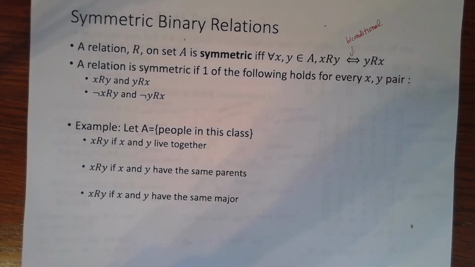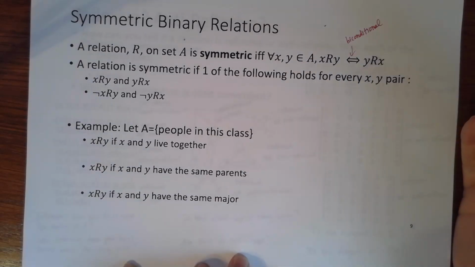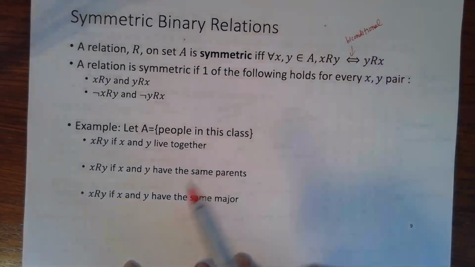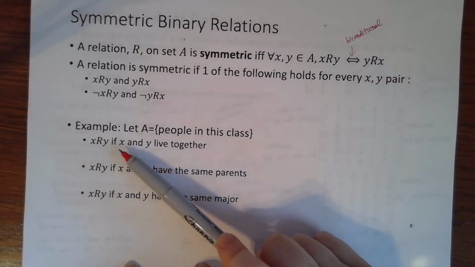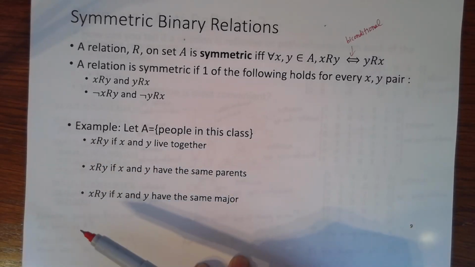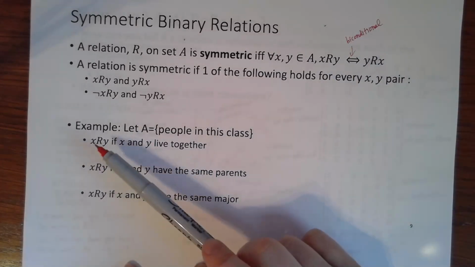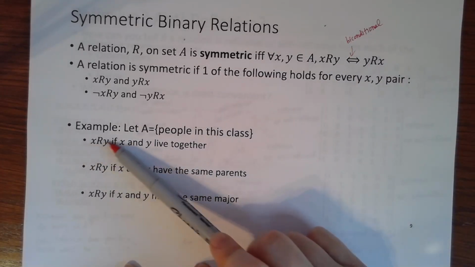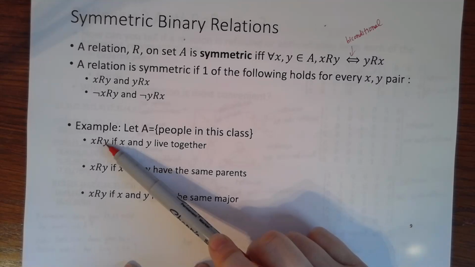Usually there's at least one pair of roommates in the class. Certainly is every person related to themselves? Do you live with yourself? Yes, you live with yourself. So we always have that every x is related to itself.